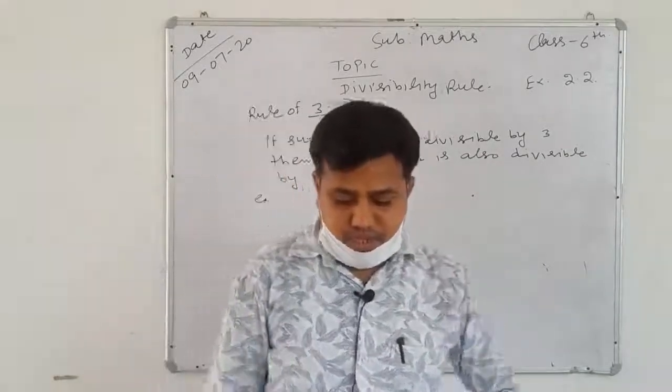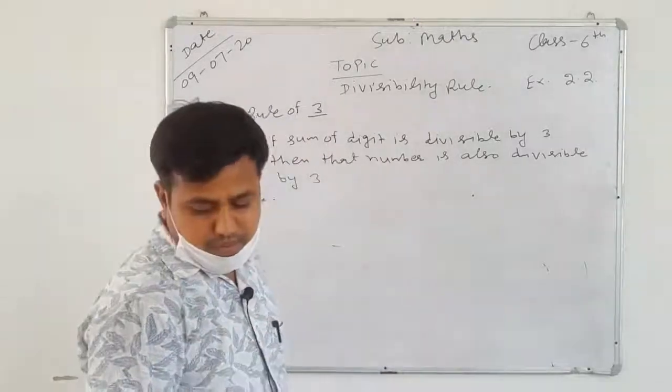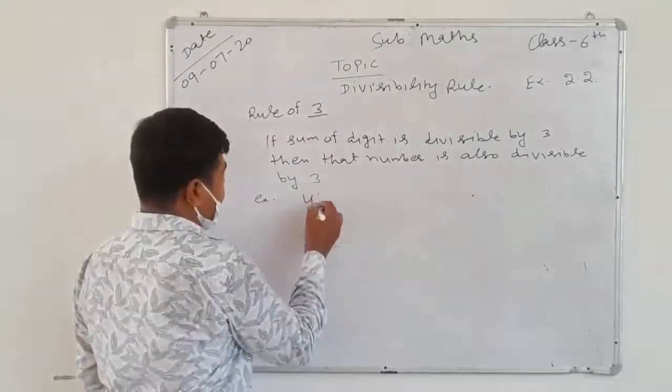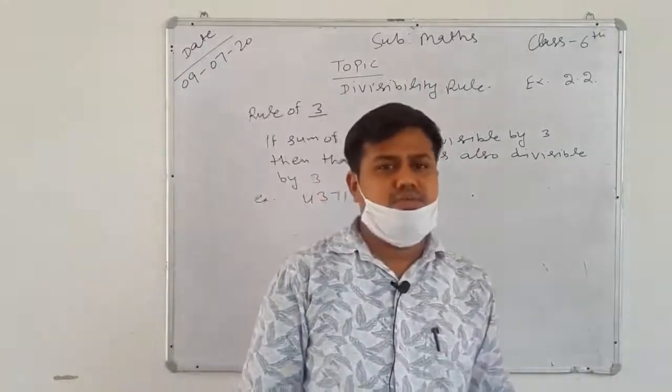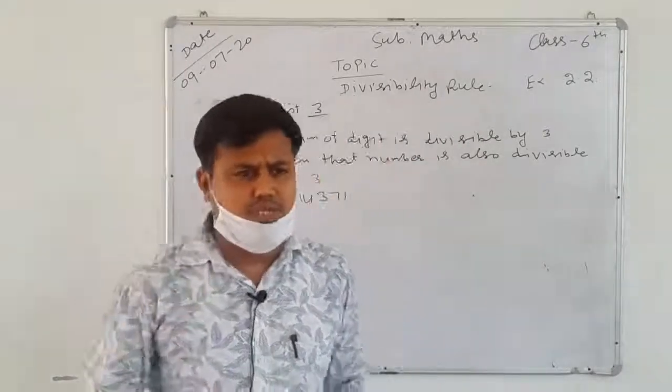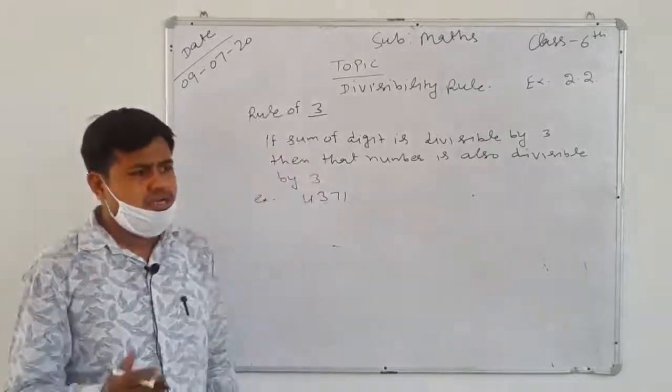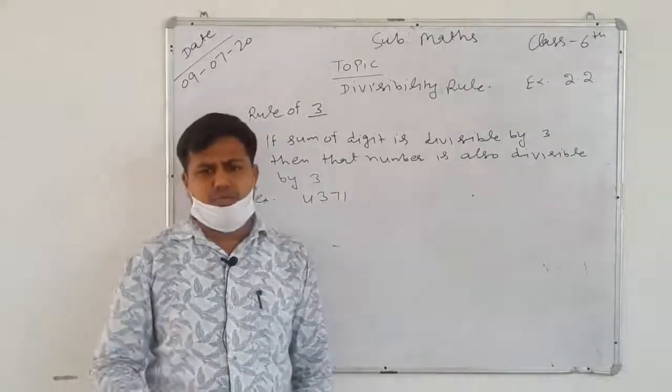Let's take an example, 4371. We have to test whether 4371 is divisible by 3 or not.